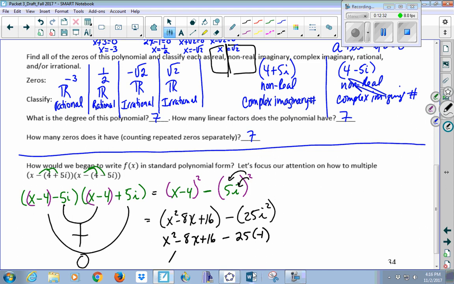So this becomes x squared minus 8x plus 16 plus 25. Okay. So our final polynomial here would be x squared minus 8x plus 41.